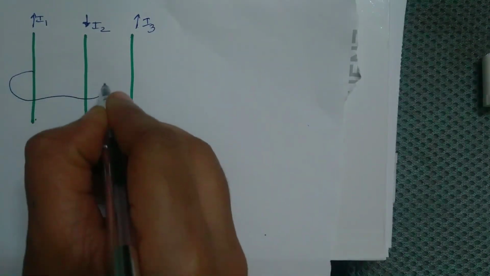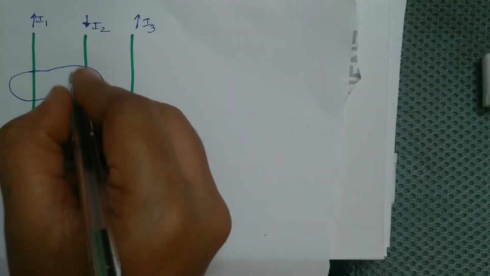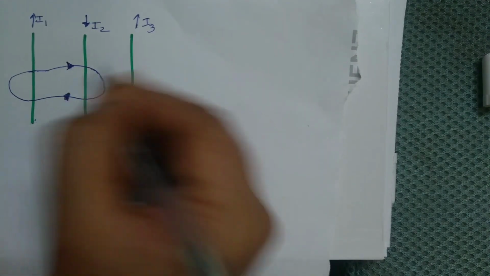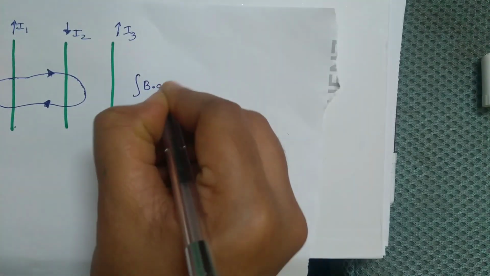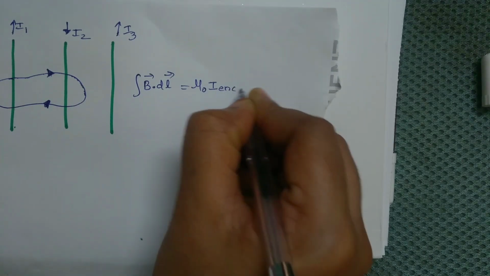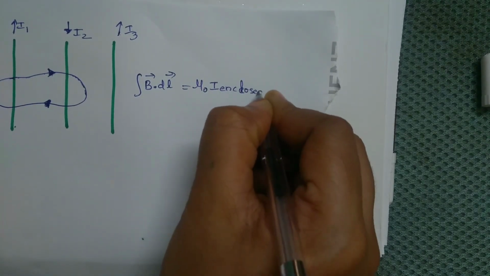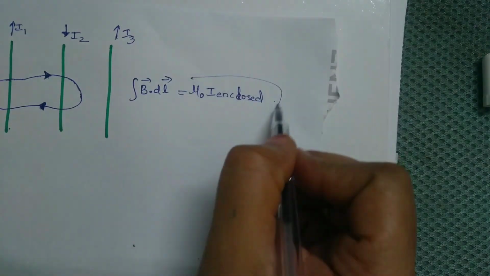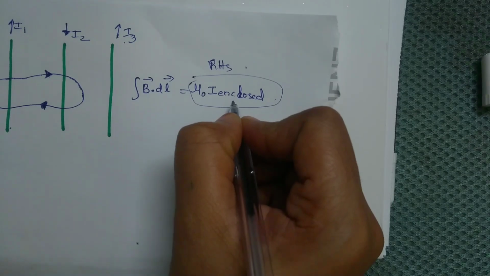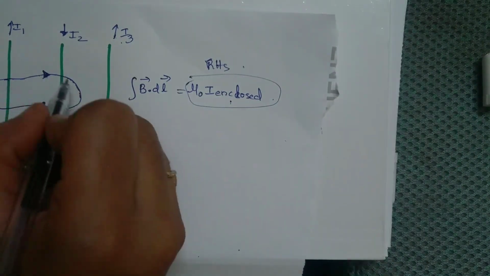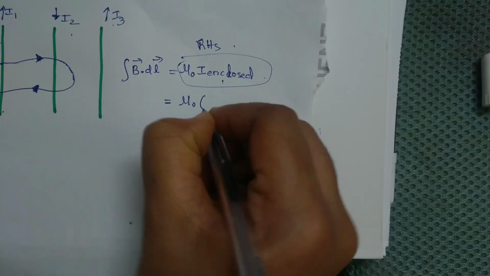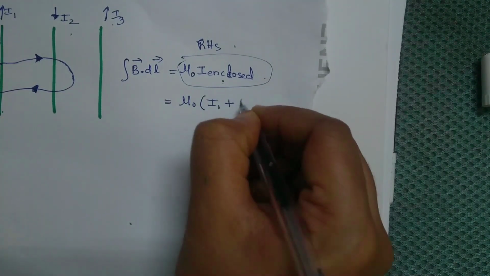Since we have considered this loop and we are moving in a clockwise direction, B dot dl is equal to mu naught I. If I write I enclosed, does it mean that this I3 on the right hand side is included? No. Since the loop only encloses I1 and I2, we can write mu naught of I1 plus I2.